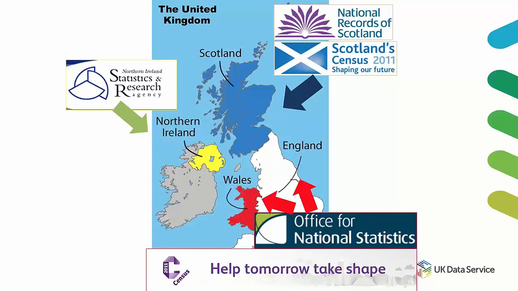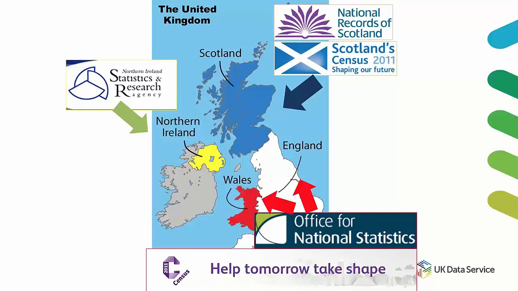The majority of data is comparable. However, there are some differences to address the individual needs of each nation. For instance, Northern Ireland has different questions concerning religion. Scotland in 2011 didn't ask the question concerning what passports people hold.